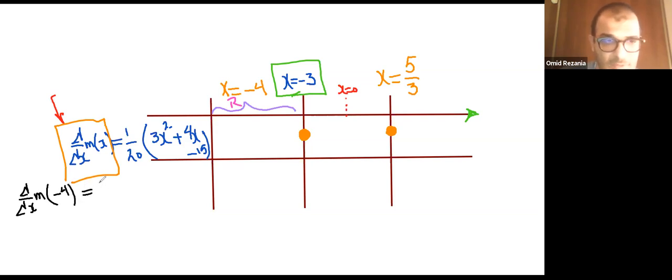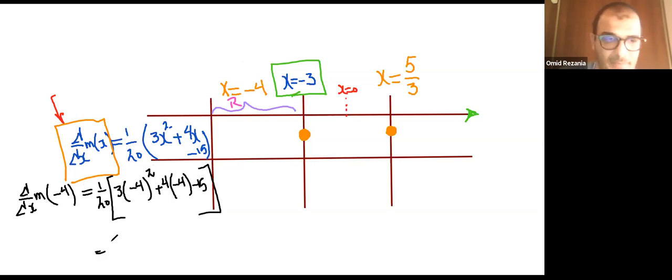It becomes 1 over 20. It doesn't matter, we are only looking for the sign. Then we have 3 times (-4) to the power 2 plus 4 times -4 minus 15. How much does that become?